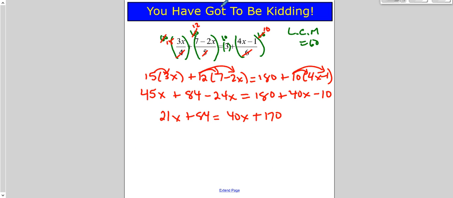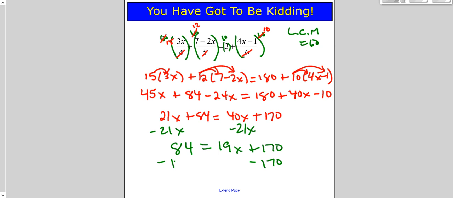Whew. All right, so let's subtract 21x from each side. That leaves me with 84 equals 19x plus 170. And then I'm going to subtract 170 from each side. And this I'm going to actually pick up a calculator for. So 84 minus 170.